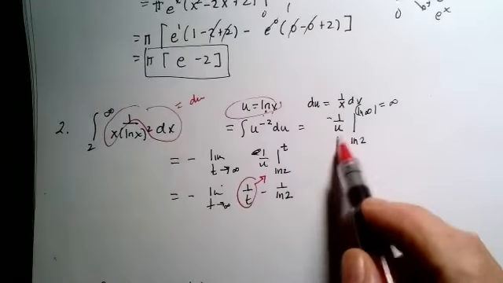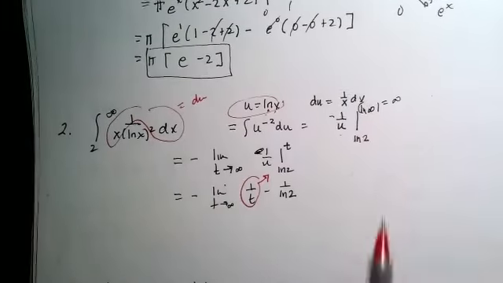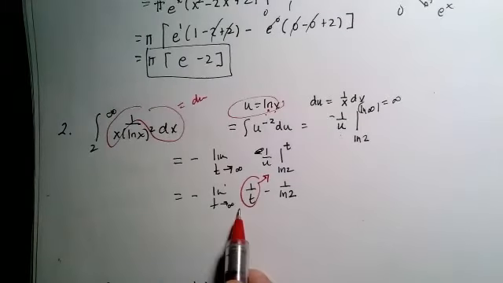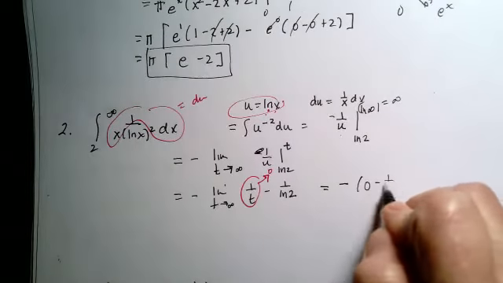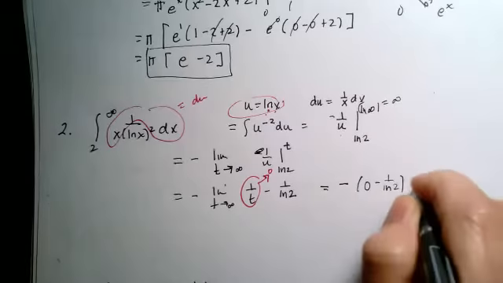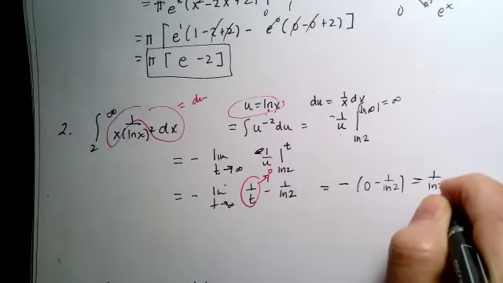Because I still have a u here. That's why I changed the limits to be in terms of u. Okay, t is going to infinity, so that's 0.